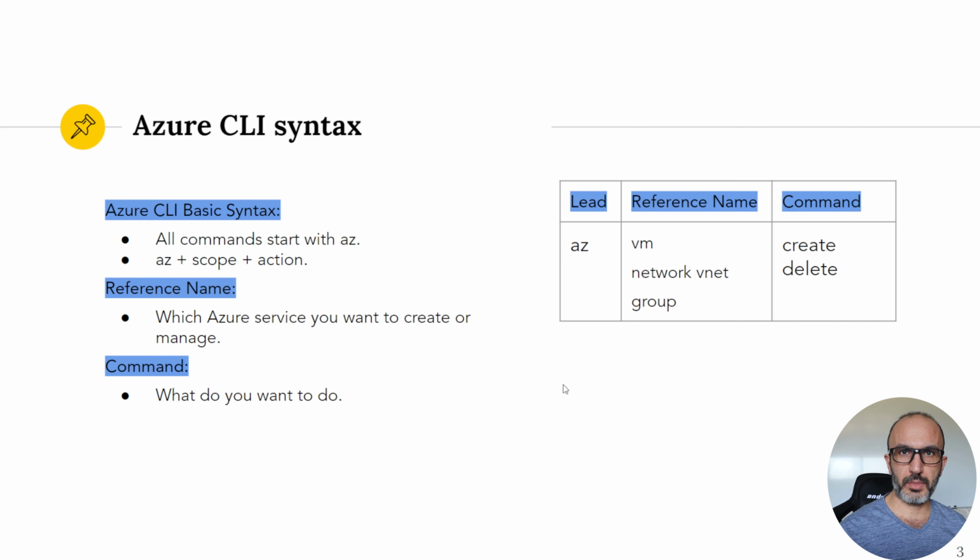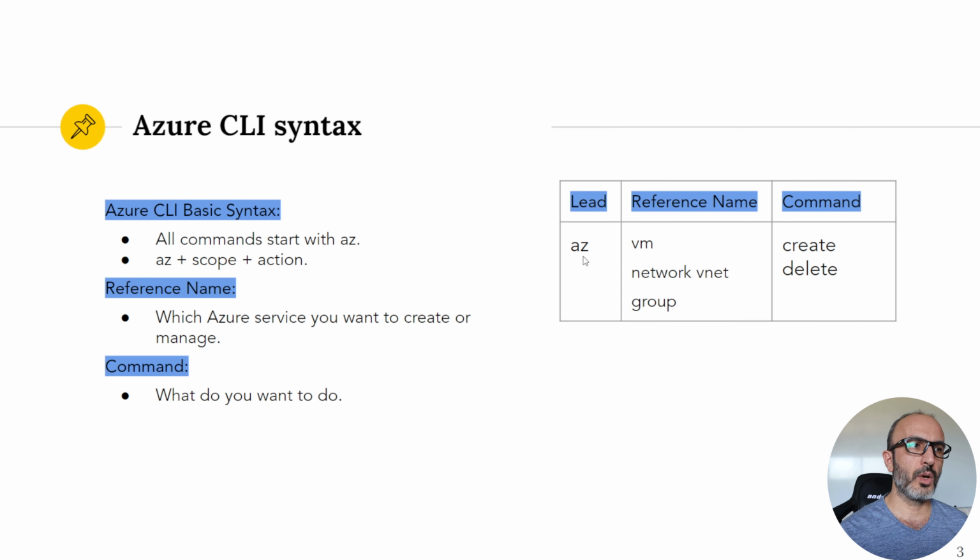Now let's talk a little bit about the syntax of the Azure CLI. For a start, all the commands start with the leading az, which stands for Azure. Then you've got three main pieces of the command: the scope, or what is called the reference name, and the action or command.